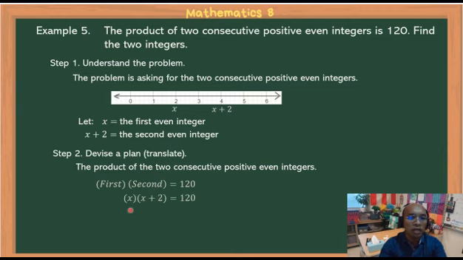The first number is x, the second number is x plus 2, equated to 120. So by distributive property, x times x, that is x squared, x times 2, that is 2x, we just copy 120. So this is now our equation that will represent the condition. The product of two consecutive even numbers or even integers is equal to 120.